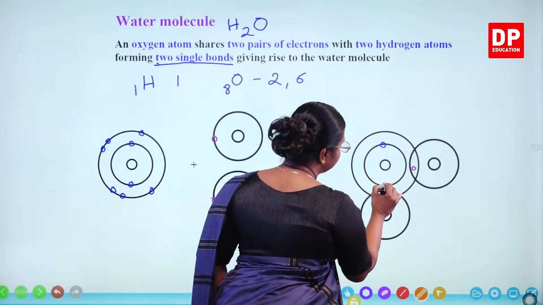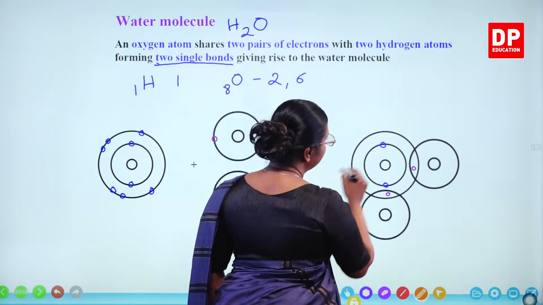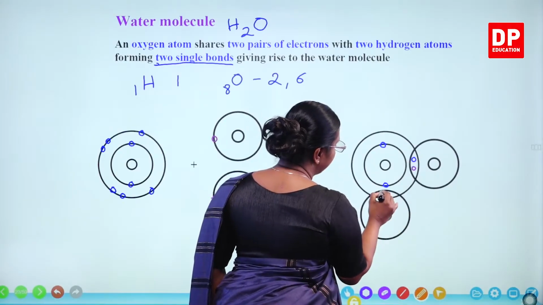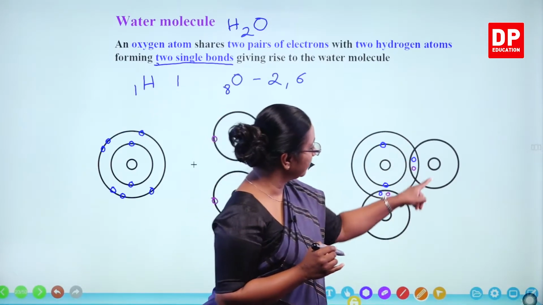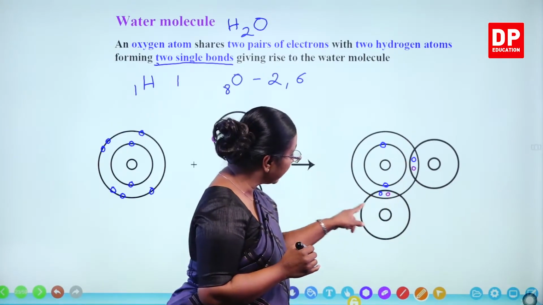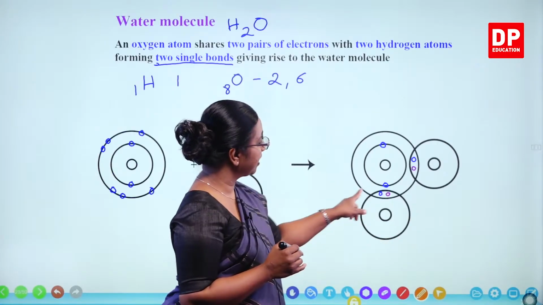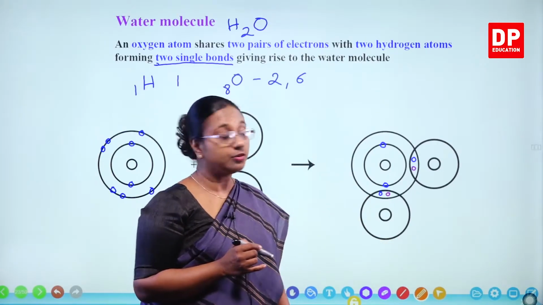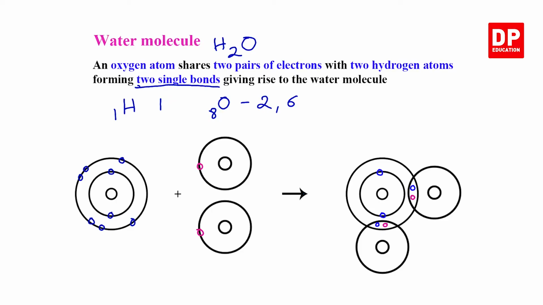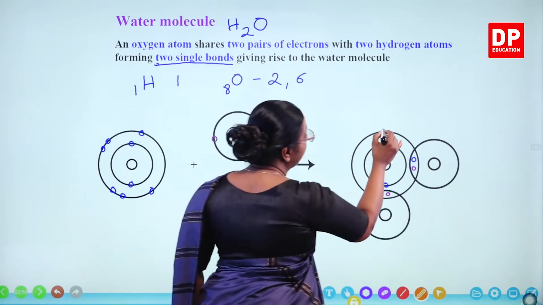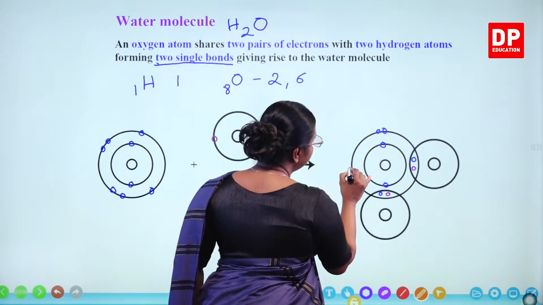Oxygen has 2 electrons in the first energy level and it has 2 electrons. So one is given to this hydrogen forming this covalent bond and the other electron given to the second hydrogen forming the second covalent bond. In addition to that, you can see there were altogether 6 electrons. So the other 4 electrons will be here.